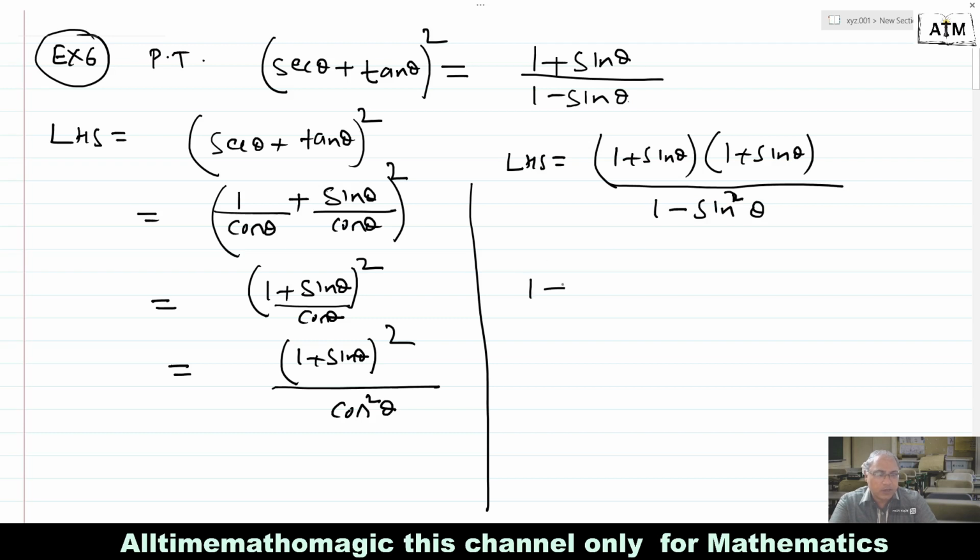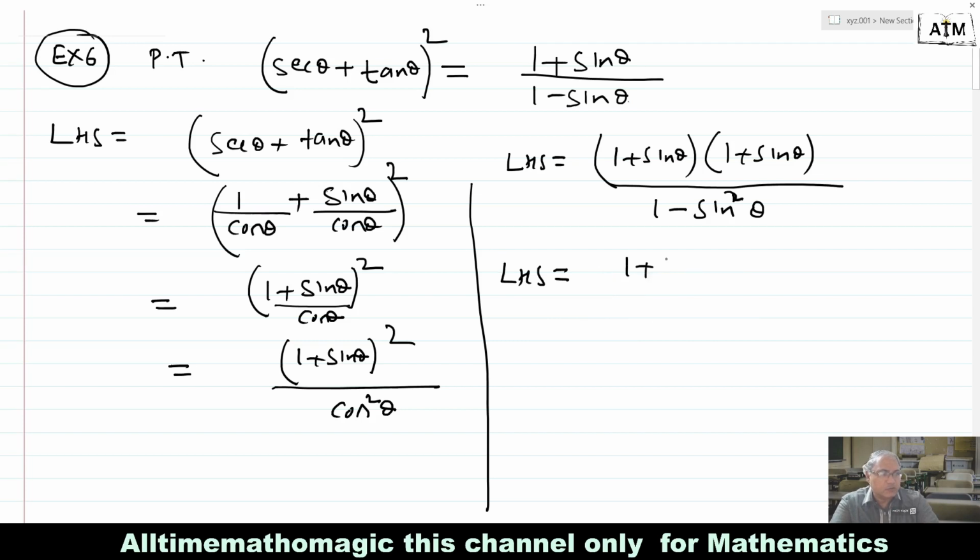We have the formula 1 minus sin square theta equals cos square theta and 1 minus cos square theta equals sin square theta. These are the formulae. So in place of cos square theta, I have written 1 minus sin square theta.